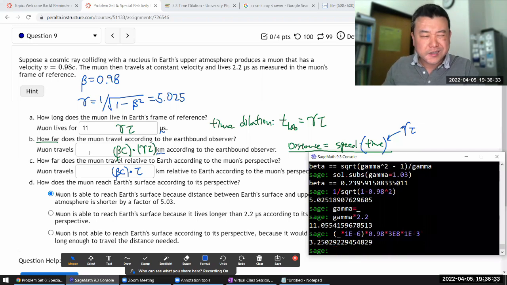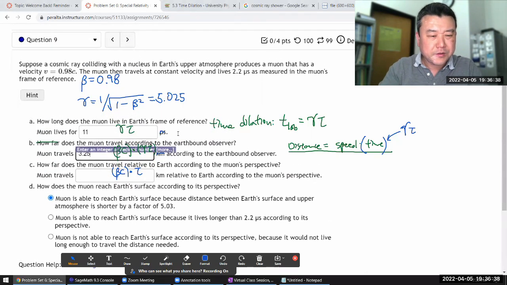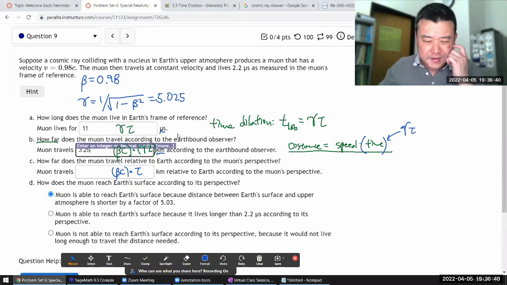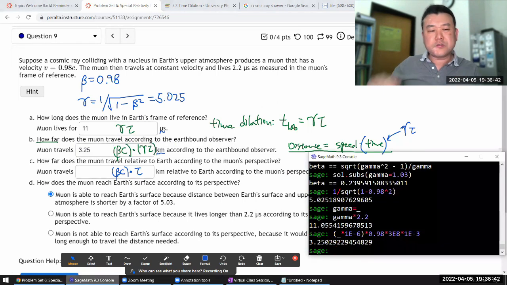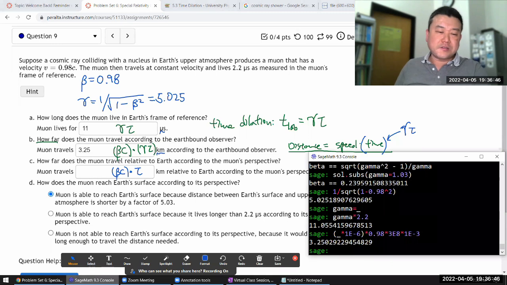Okay, 3.25 kilometers. That seems reasonable. It's a little bit on the shorter side, but I think it is actually right. Muons produced way up in the upper atmosphere have a not as good a chance of reaching the ground. Okay, how far does the muon travel relative to Earth according to the muon's perspective?